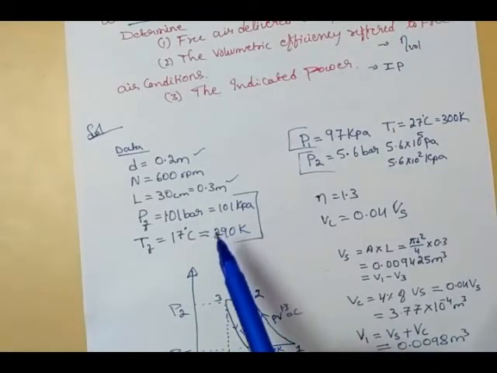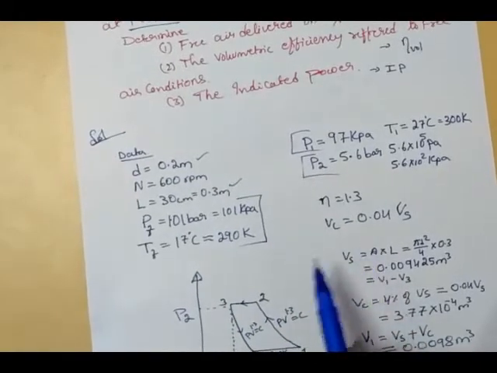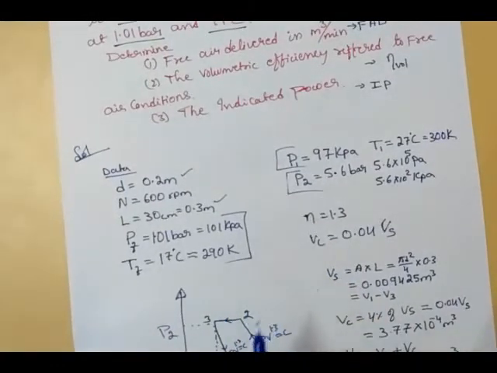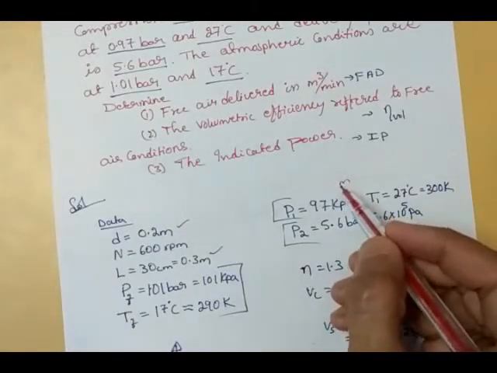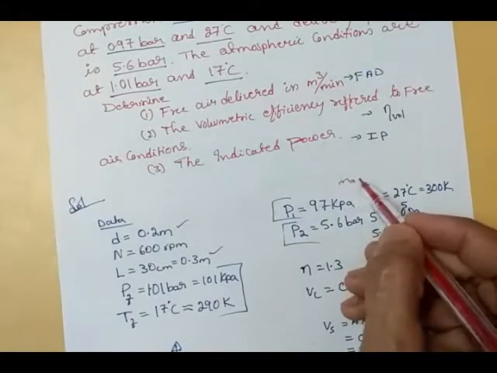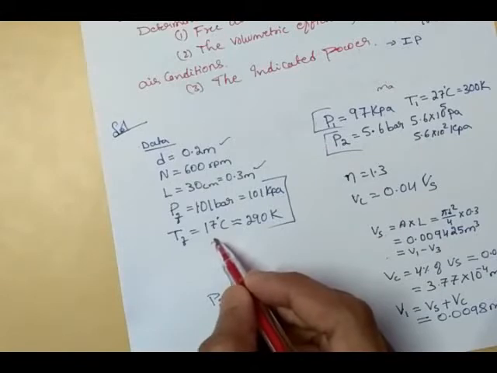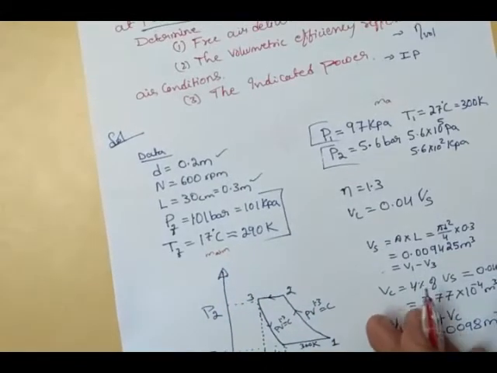Free air conditions I have already explained in the previous session, so I will not go into depth about that topic. Now in both the cases, what is common? The mass of the air remains the same. Whatever mass of air the compressor takes in, that same mass will be seen at atmospheric conditions, but the pressure, volume and temperature might be different.